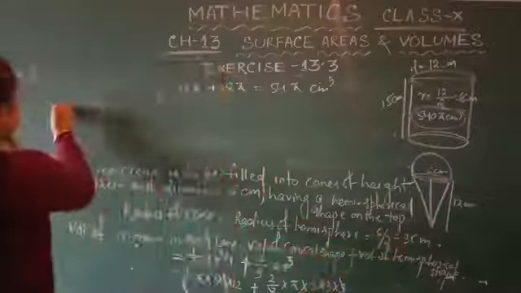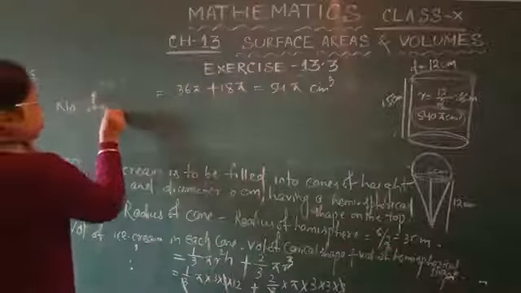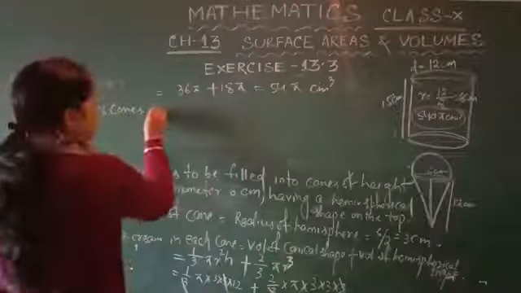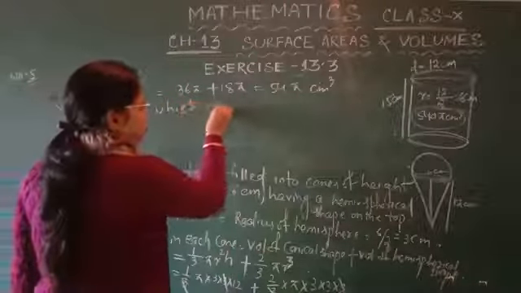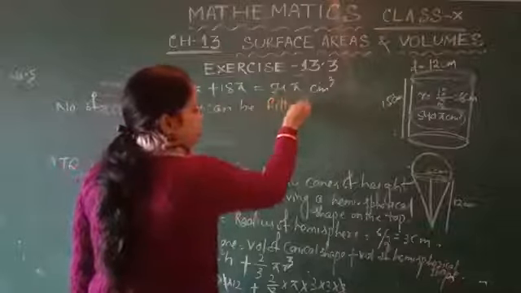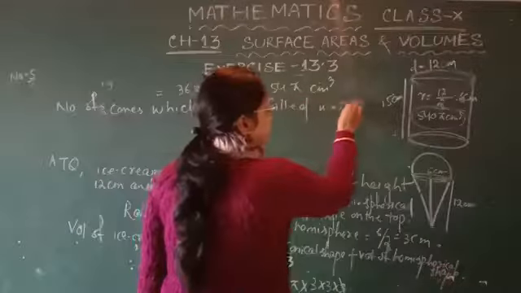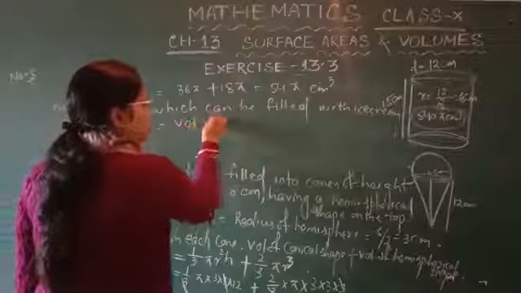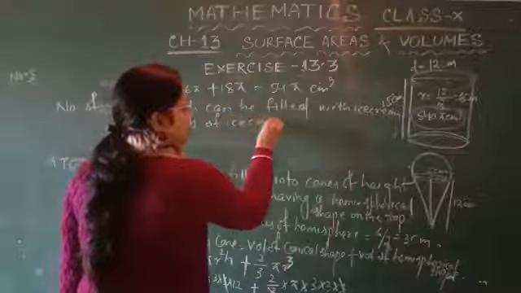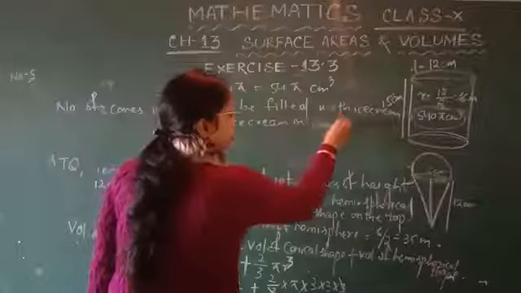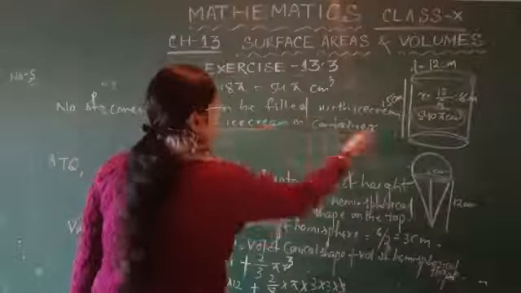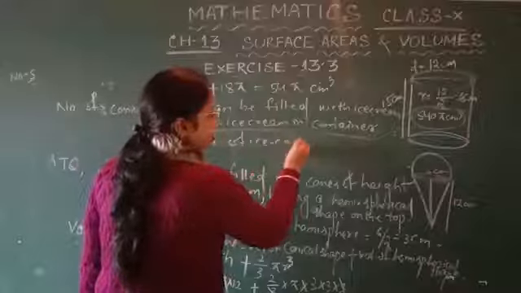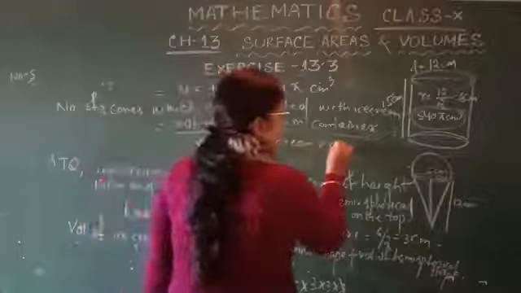So the number of cones is equal to the volume of ice cream in the container divided by the volume of ice cream in each cone.